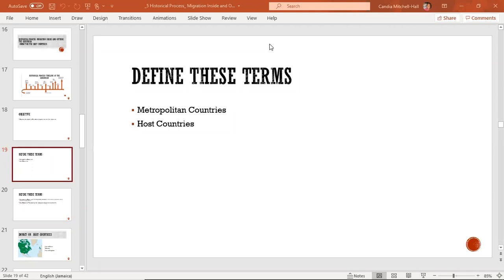Very well. Also, if you go into the exam and you see metropolitan countries, what is that term making reference to? Is it the European countries? European countries, yes, but any country that was actually involved in colonization.